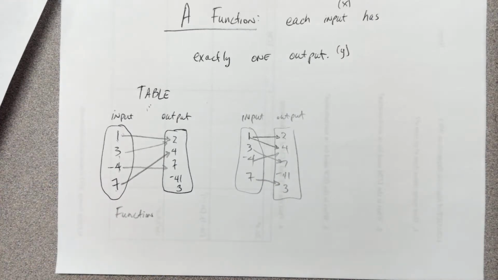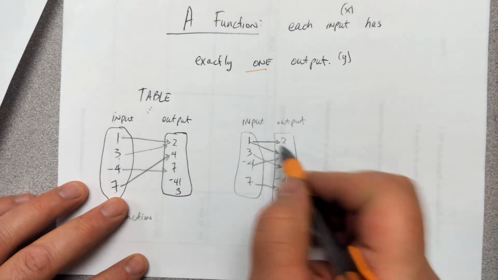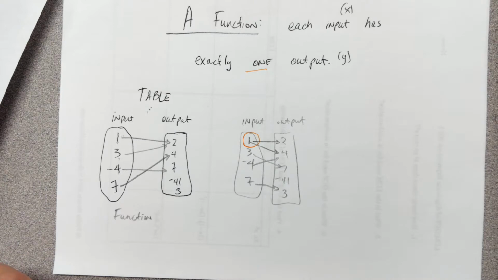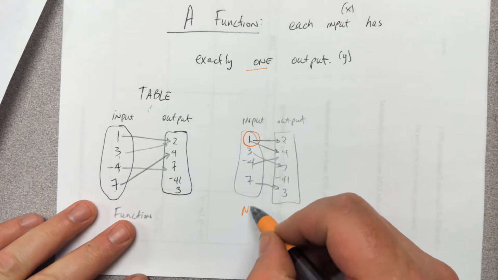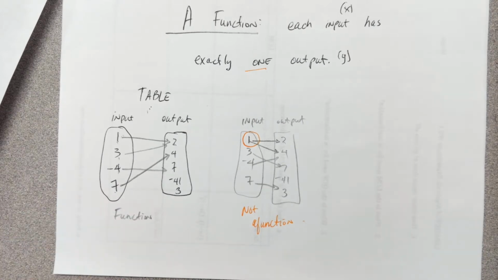Here's why it's not a function. Each input has one output. See, this input has two outputs, not a function. I didn't get it. But do you see now?